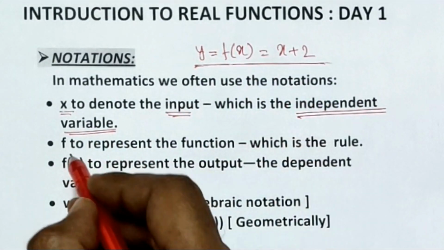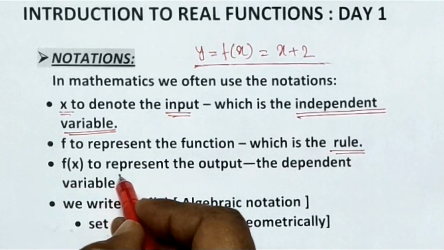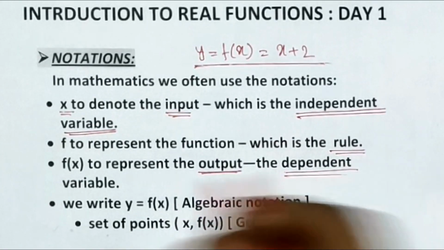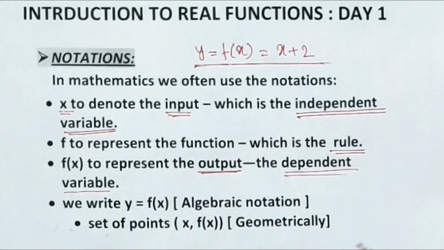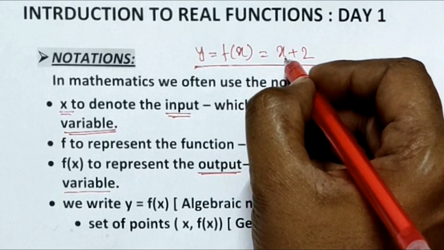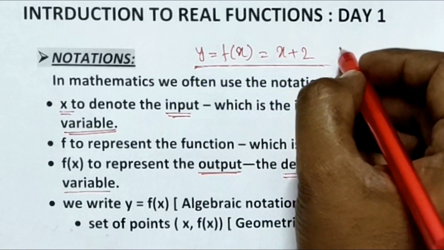Okay, f represents the function, which is the rule. f(x) represents the output, which is the dependent variable, right? Why dependent and why independent? Look, for this example, here I choose x as the independent variable and f(x) or y as the dependent variable.